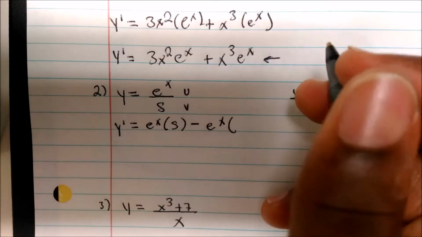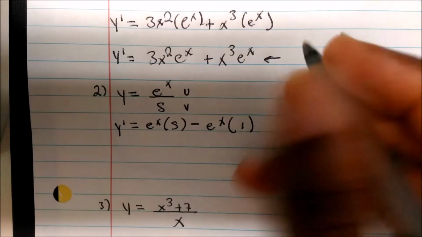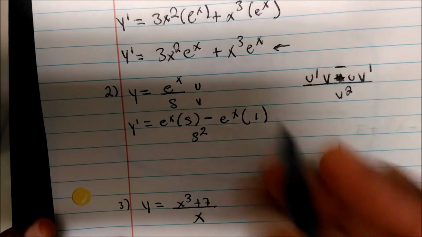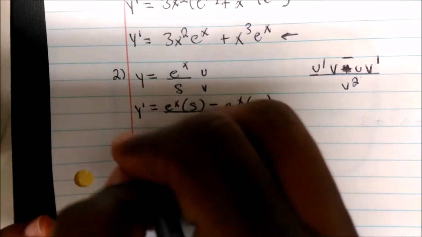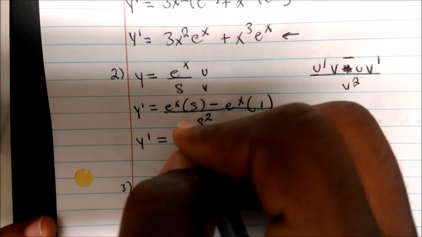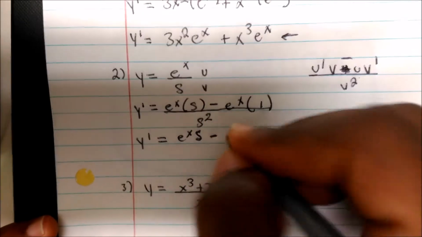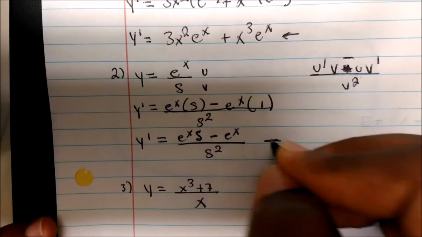Derivative of any variable is 1. So this is just 1 all over x squared. Alright, so y prime is now equal to e to the x times x minus e to the x, all divided by x squared. And this should be your answer.